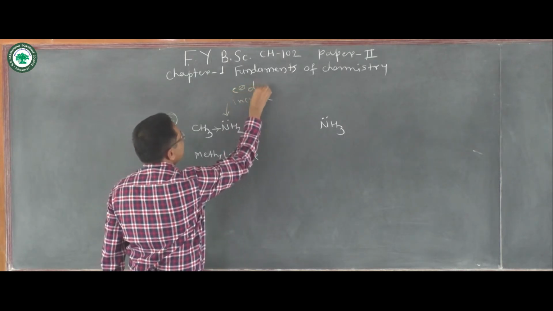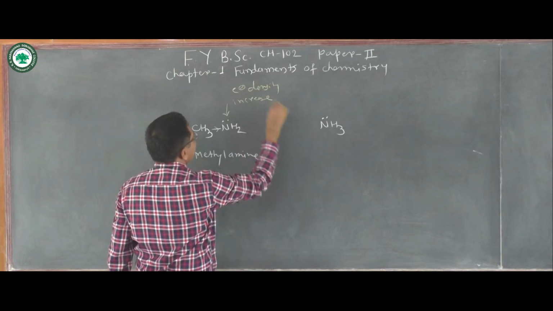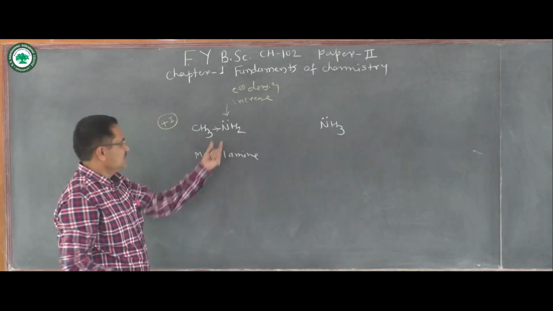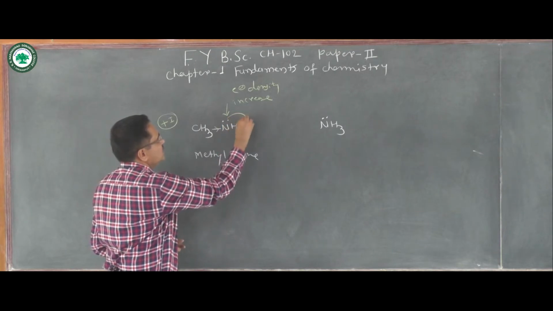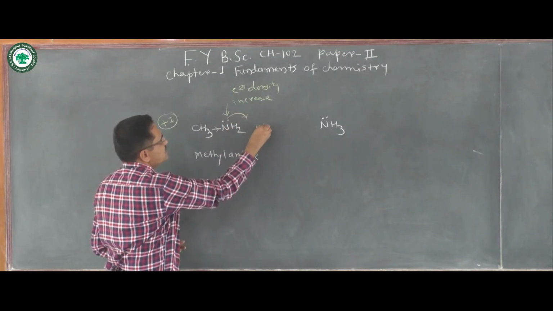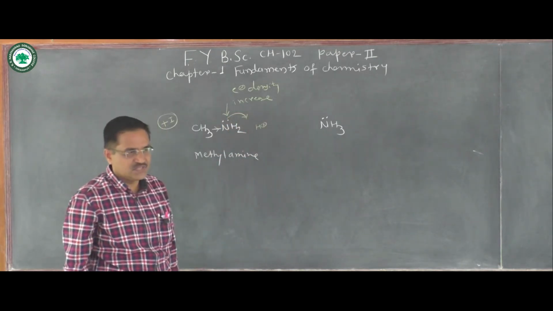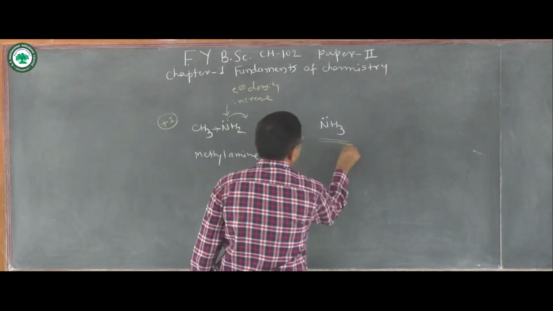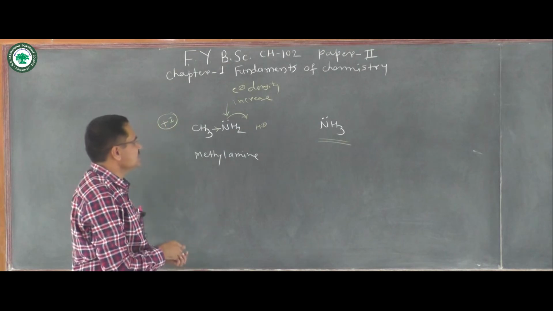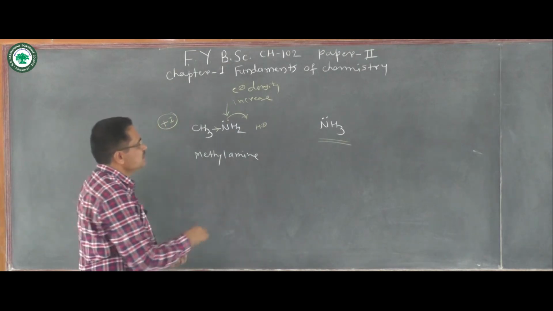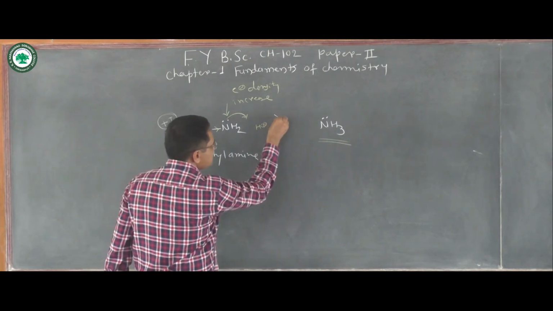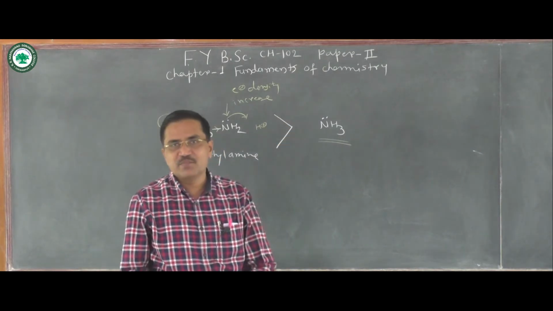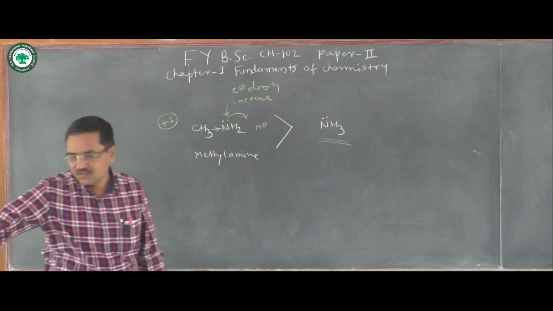Electron density is increased here, and it donates the lone pair of electrons to H plus very easily as compared to NH3, and hence methylamine is a stronger base as compared to ammonia.